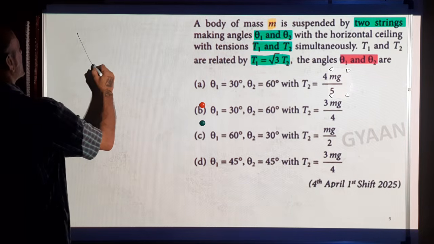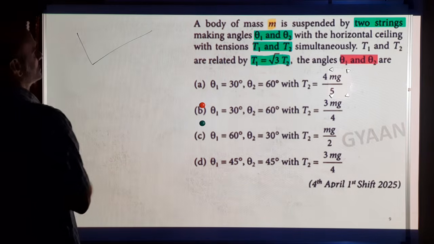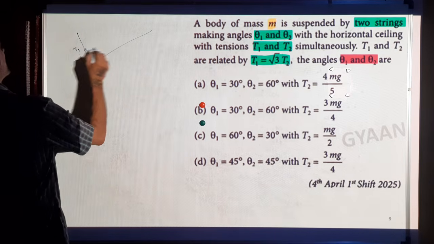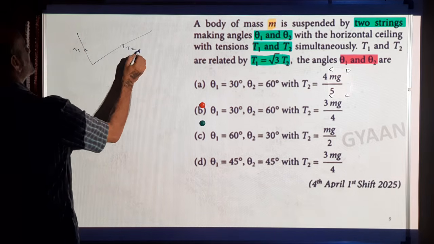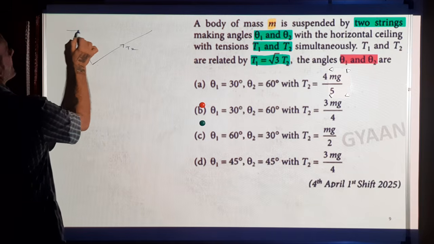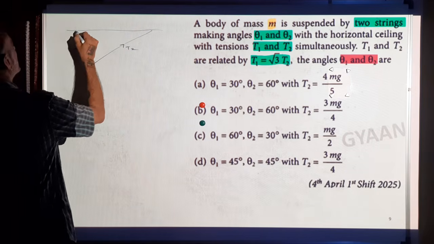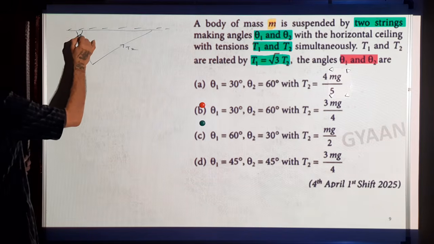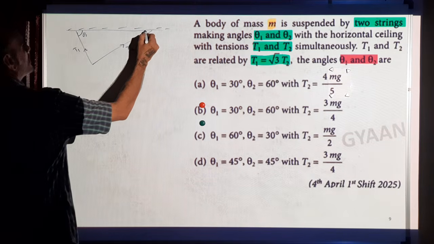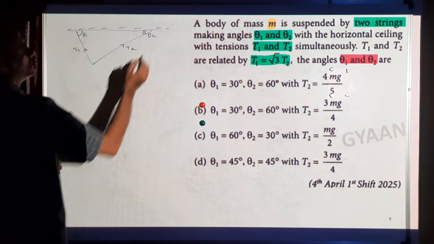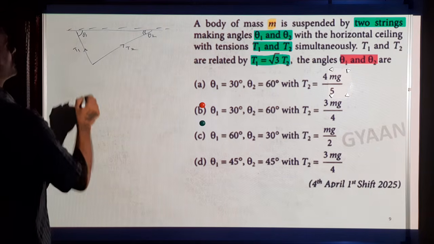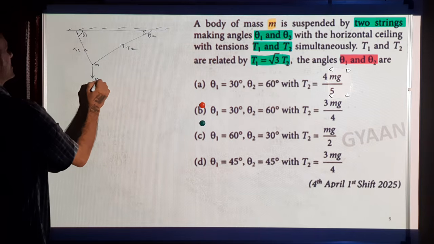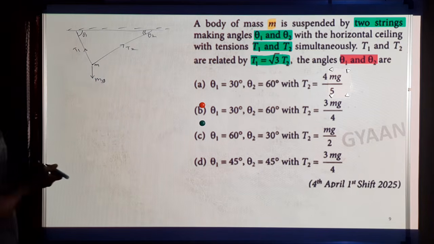One string is more vertical, the second string is more horizontal. So this is T1 because the tension is more here, this is T2, this is horizontal. This angle is theta1, this angle theta2. Mass is the same, so weight will be downwards, mg.